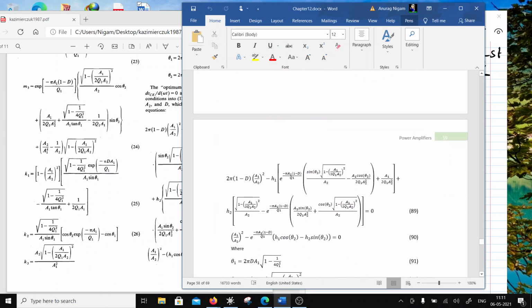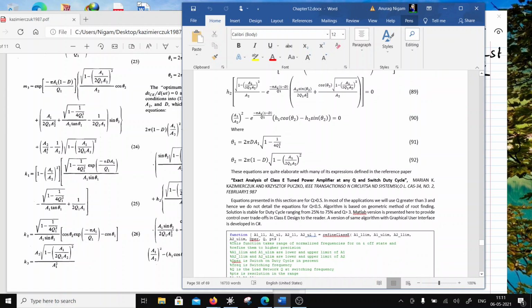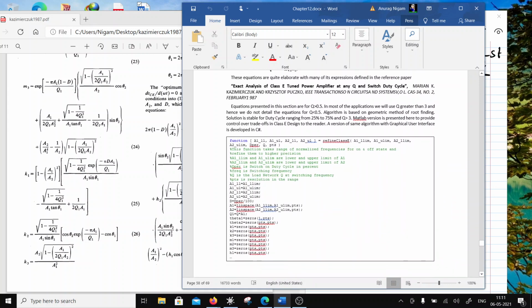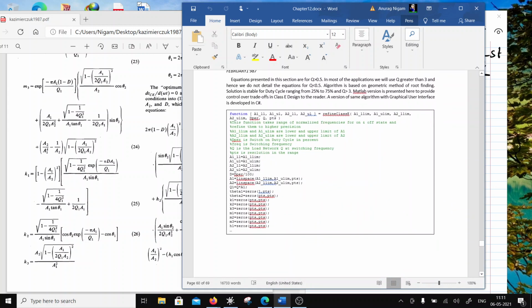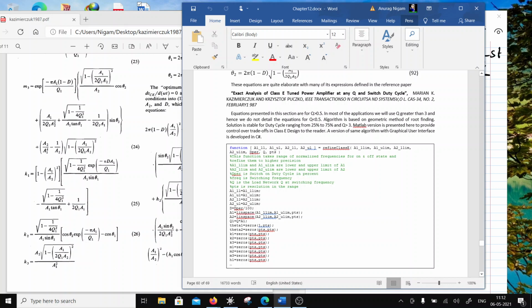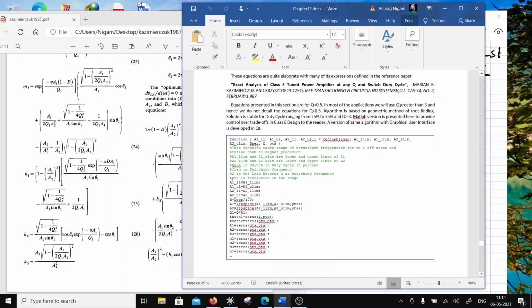So I'm going to put you on a pause. There is a Matlab program which I have written, in two parts. One is called refining class E. It computes A1 A2 upper and lower limits. You know that the solution is in a certain region of A1 A2, so you decide the lower and upper limit, discretize the space in between, and find the solution in that region.